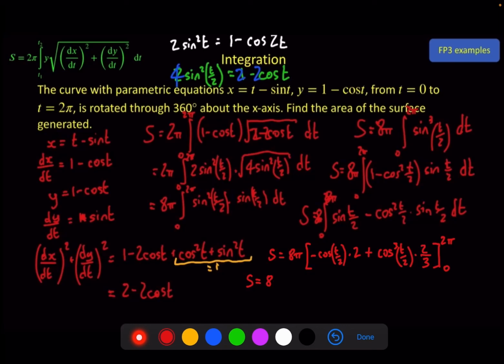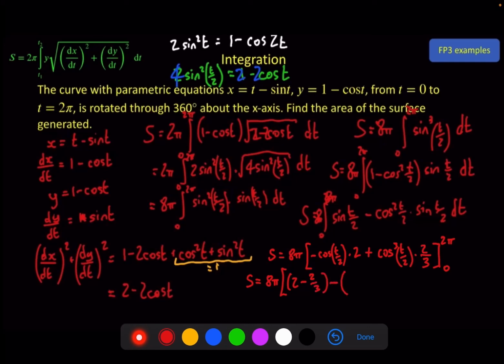S is equal to 8 pi, then we have minus cosine t, which is 2 pi divided by 2, so cosine of pi minus 1 times the 2 with the minus here gives me a 2. Same here, put 2 pi in, divided by 2 we get pi, cosine of pi minus 1 cubed is minus 1, so we have a minus 2 over 3.